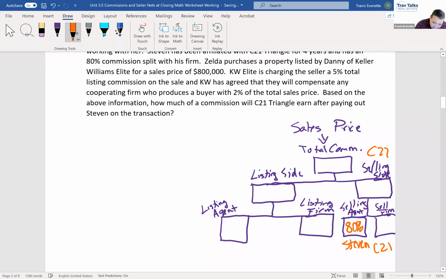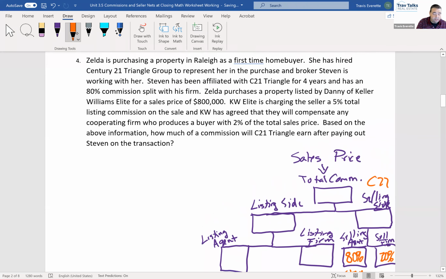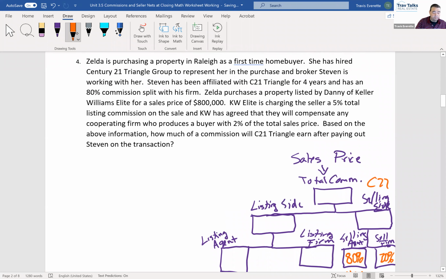We're just filling in information. Now, here's the magic. If Stephen's getting 80% of the commissions that are coming to his side, then his firm must be keeping the other 20%, because the two of those together have to add up to 100%, the whole side. Okay, so Stephen's getting 80% of the split with his firm.